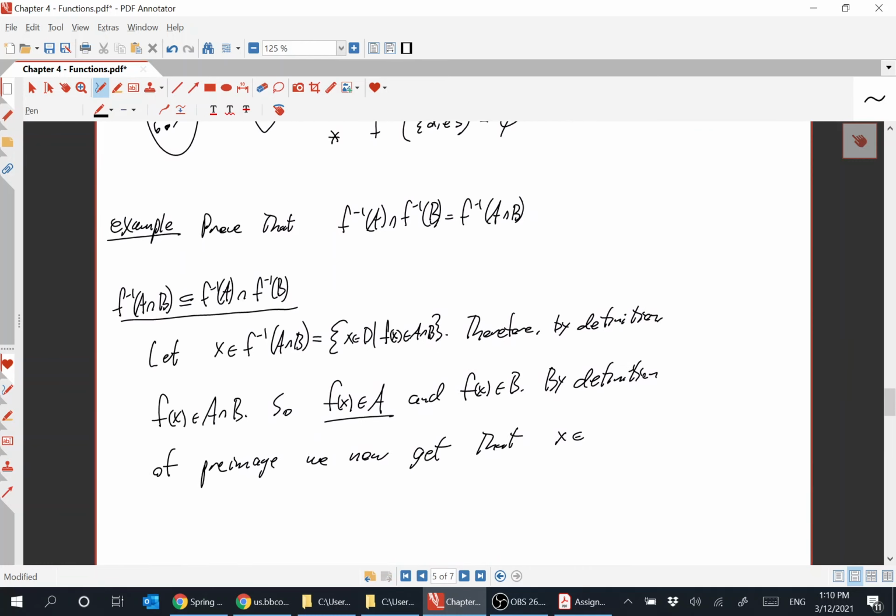It's in the preimage of A. And, because f of x is in B, x is an element of the preimage of B. Alright, so since it's in both sets, it's in the intersection of the two sets.